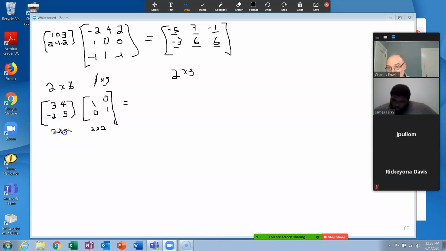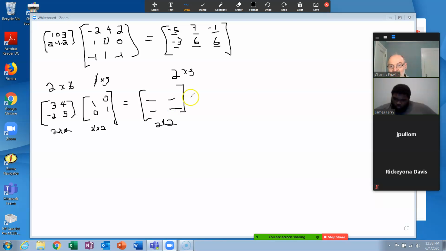And if you wipe out the second of this and the first of this, the two inner ones, they're the same. Wipe them out. And your answer is going to be a 2 by 2. So I'm going to put 2 rows and 2 columns.